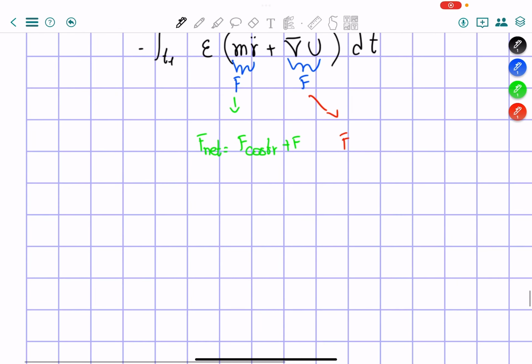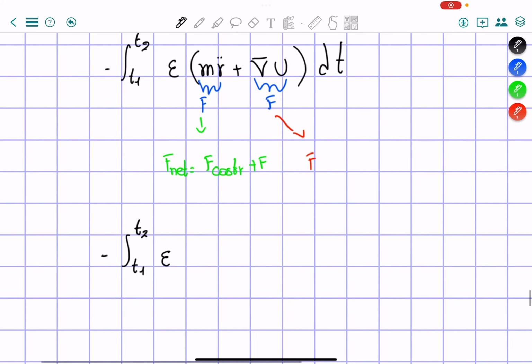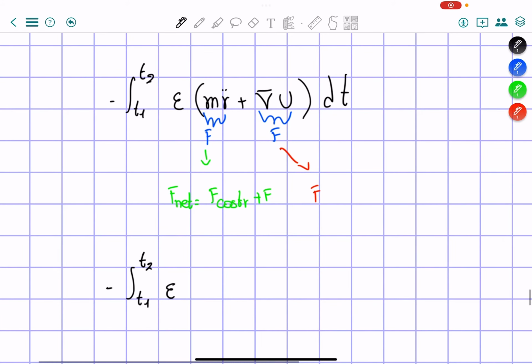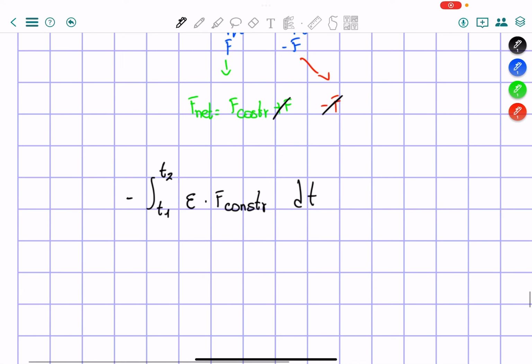We're going to get that the negative of this interval from t1 to t2 is equal to the epsilon times, well, the gradient of this is equal to a negative force. So here it's going to be negative. So if we add this together, we can see that we get rid of this force, and we have this times the constraint force, which is equal to the normal force, for example, dt.